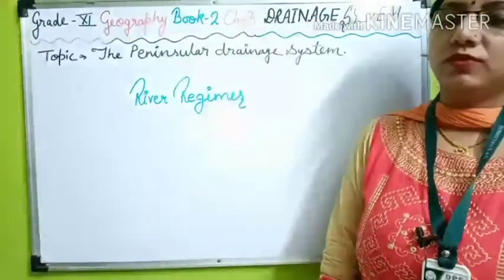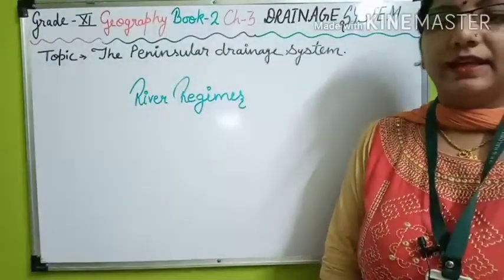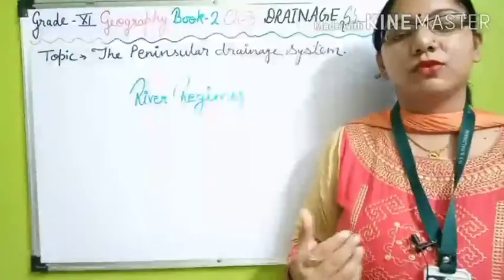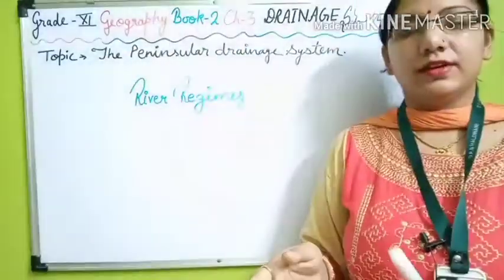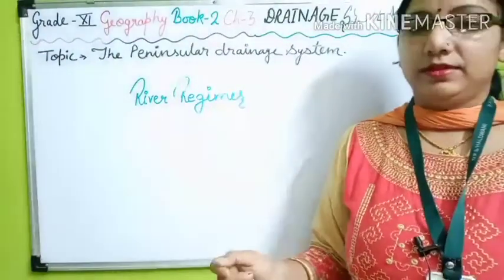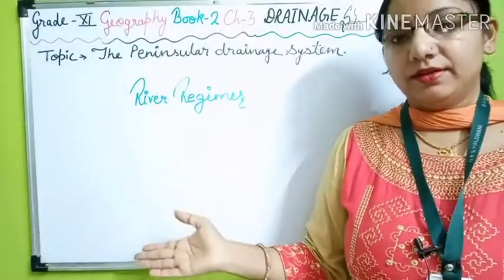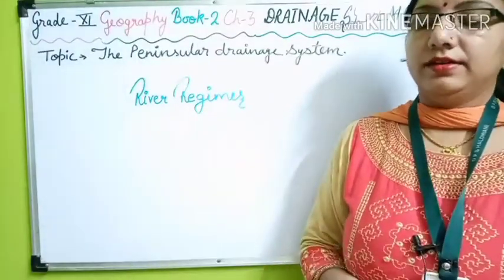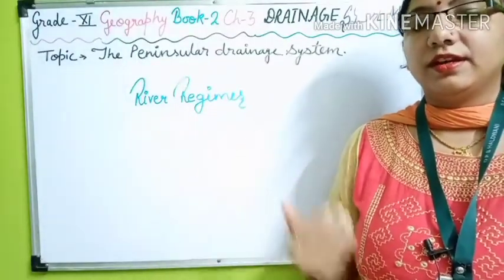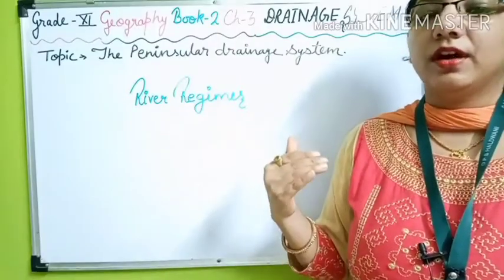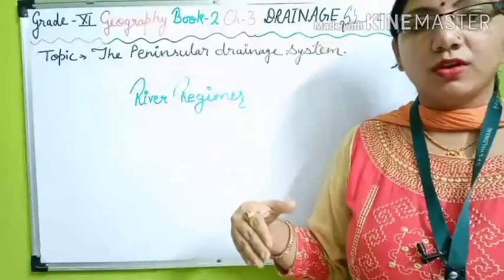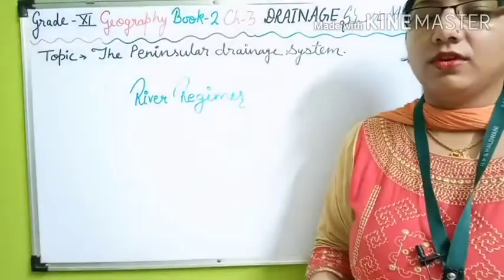Now let's move to our next topic, that is river regimes. The pattern of seasonal flow of water in a river is called its regime. The Himalayan rivers are perennial and their regime depends on the pattern of water supply from both snowfall and rainfall.